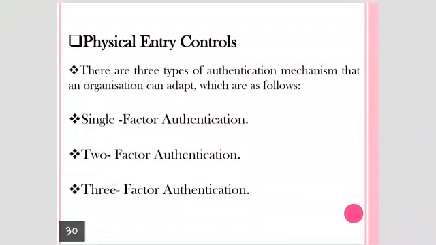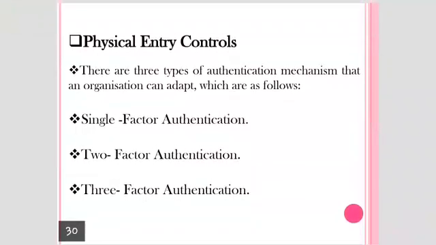Two-factor authentication is an authentication mechanism in which a person is authenticated not only on the basis of the password but also on the basis of one of his or her physical characteristics. In single factor authentication, he is allowed on the basis of a password.